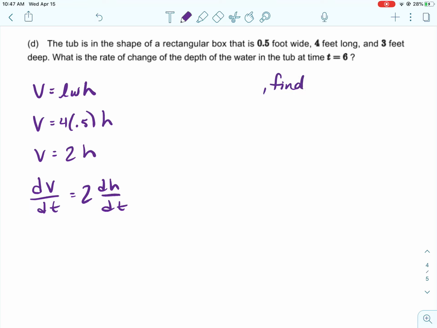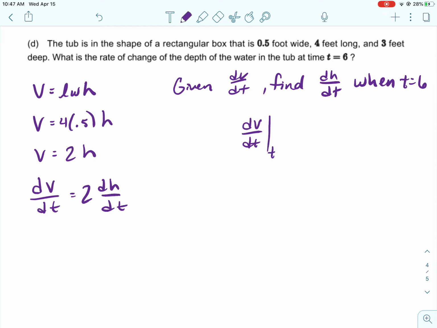All right, so we would go ahead and find the derivative with respect to time. Now, this one is a little harder to write the given statement. We're finding dH/dt when time is 6.